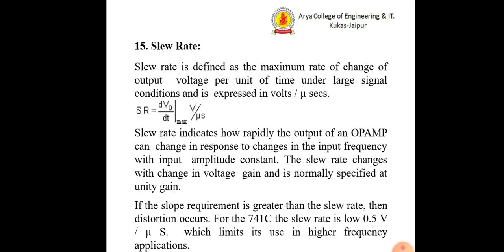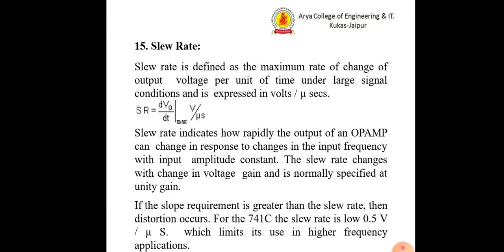The slew rate indicates how rapidly the output of an op-amp can change in response to a change in the input frequency with input amplitude constant. The slew rate changes with change in voltage gain and is normally specified at unity gain. If the slope requirement is greater than the slew rate, then distortion is going to occur inside the circuit.